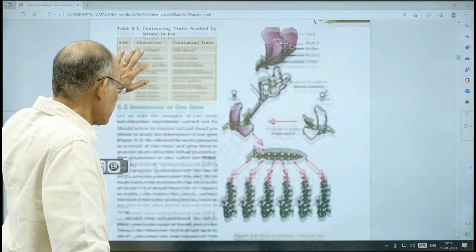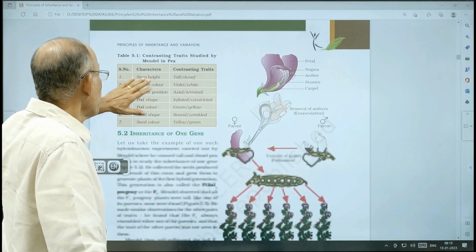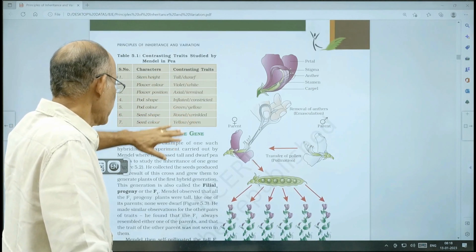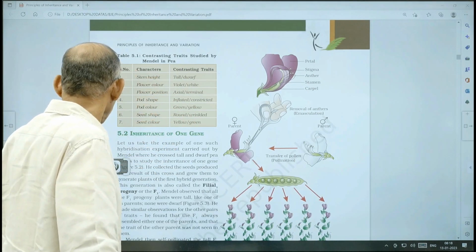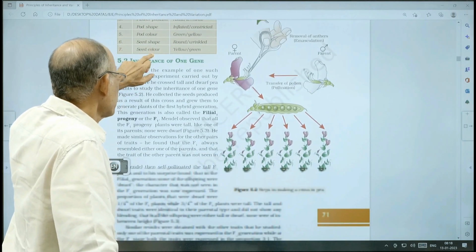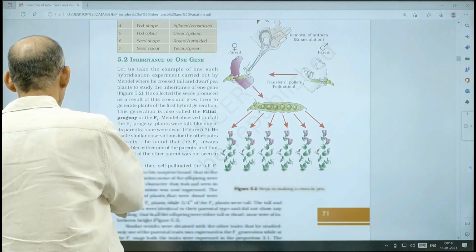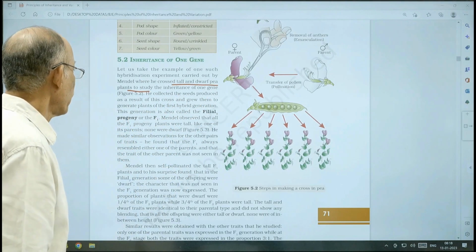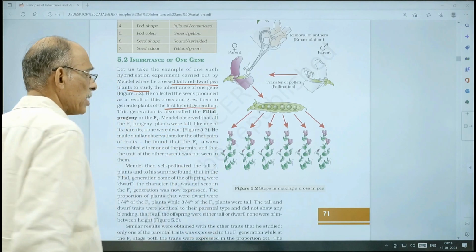These are the 7 characters studied by Mendel: stem height, tall, dwarf, flower color, etc. 7 characters and 14 traits. Now in the first cross, Mendel crossed tall and dwarf plants to produce the first hybrid generation.